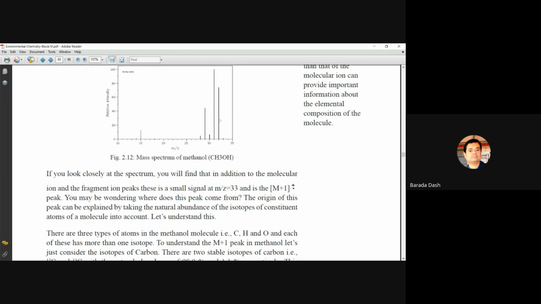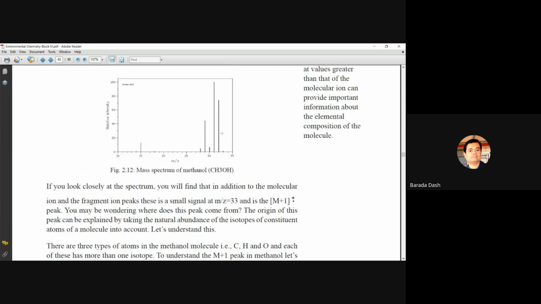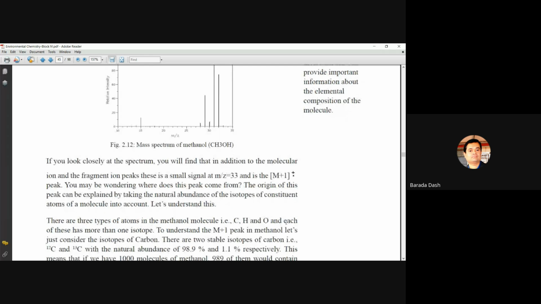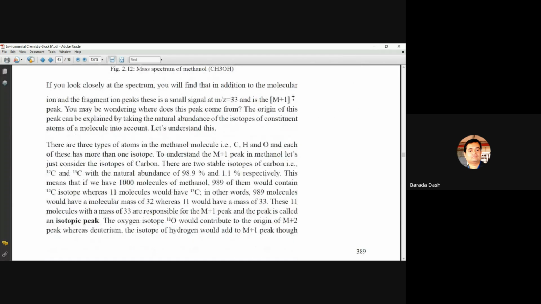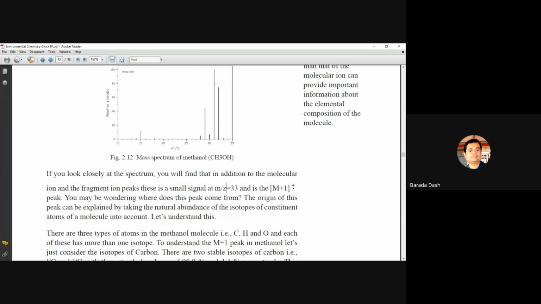So 32 is the molecular ion peak, and 33 is the M plus 1 peak. If you are wondering where this peak comes from, the origin of this small peak is explained by the natural abundance of isotopes of the constituent atoms. Carbon has two isotopes, C12 and C13. For the C12 isotope, the major isotope, you get a peak at m by z 32.